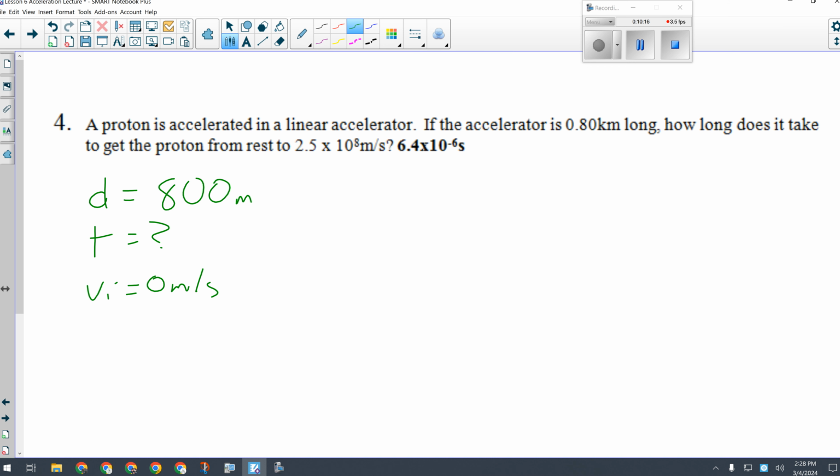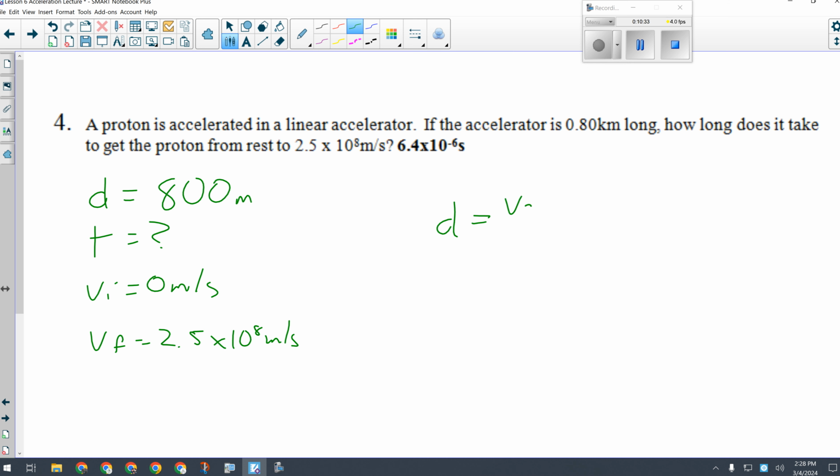Okay, how long does it take, time, to get a proton from rest, so VI being 0, to 2.5 times 10 to the 8 meters per second. Okay, so we don't have the acceleration. That's okay. We just did a problem that uses this formula.